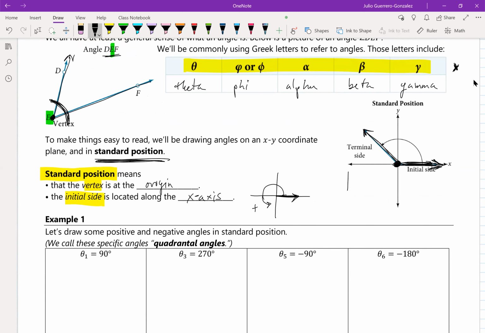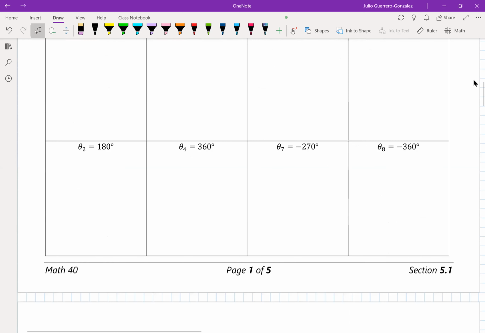Same thing, starts here and goes the opposite direction, is called negative. So counterclockwise is positive and clockwise is negative. Okay, but the idea that you guys all have for it is about the same.